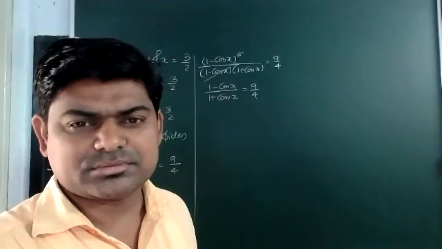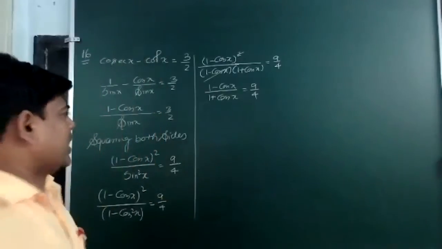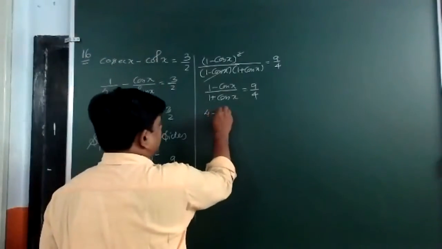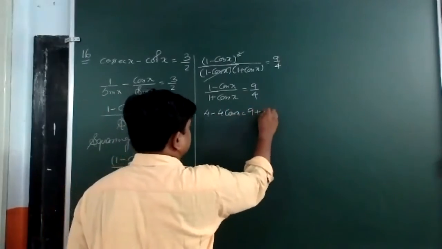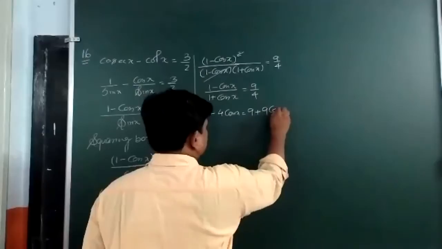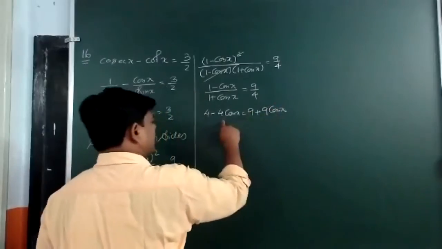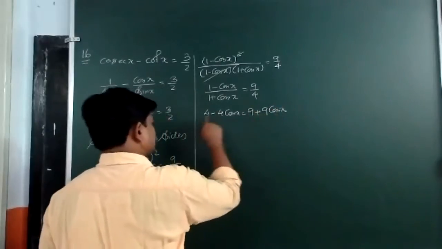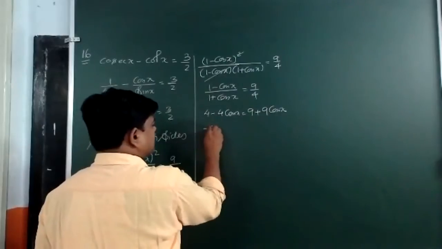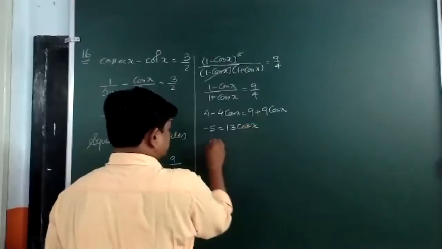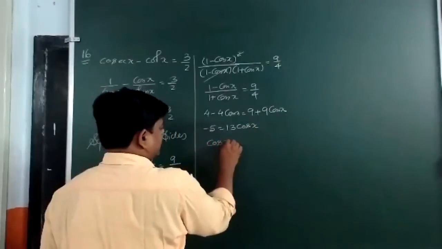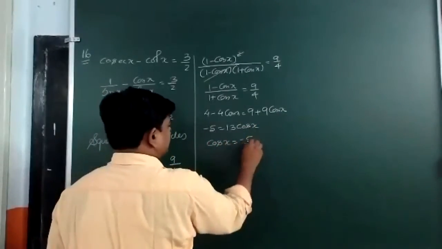From here, we will write 4 minus 4 cos x is equal to 9 plus 9 cos x. Now I can transpose this one to this side, this one to this side. I have minus 5 is equal to 13 cos x. So cos x can be written as minus 5 by 13.